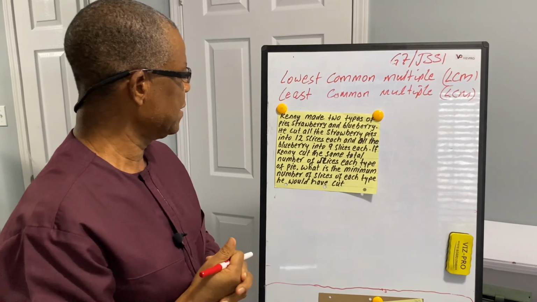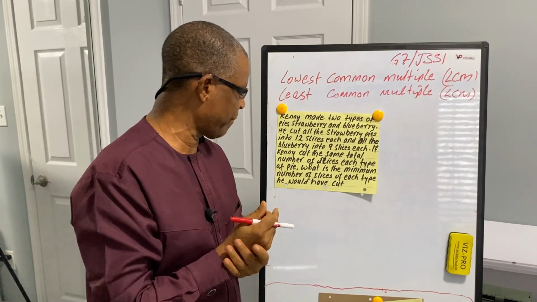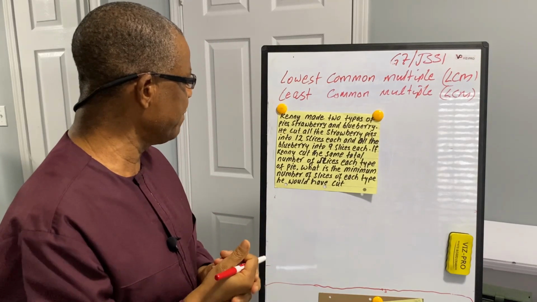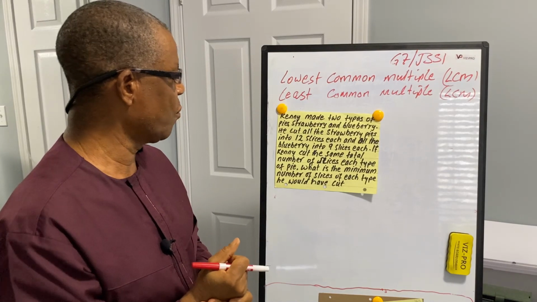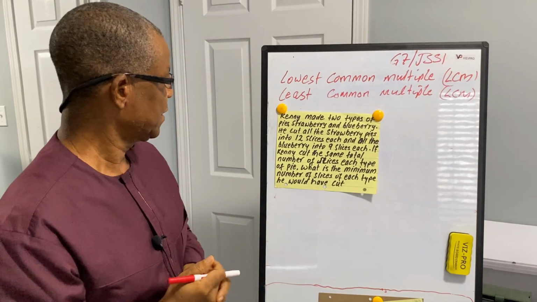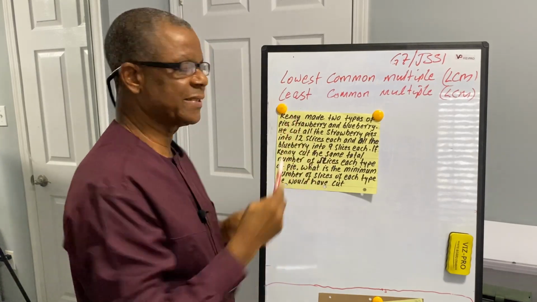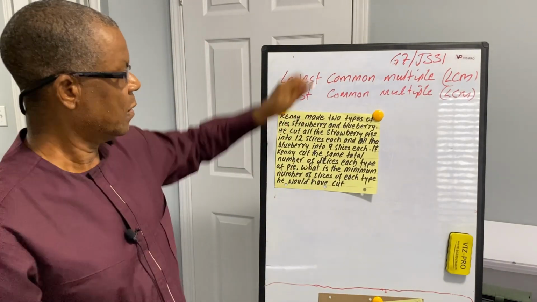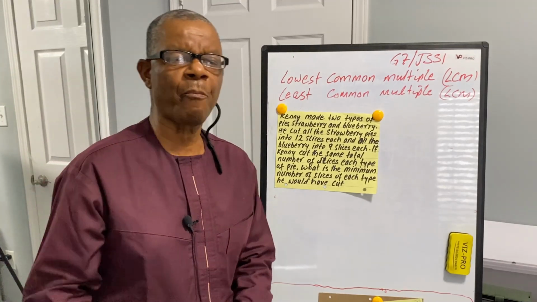If Kenny cut the same total number of slices of each type of pie, what is the minimum number of slices of each type he will have cut? We have 12, we have 9. What this is demanding from us is to find the lowest common multiple.